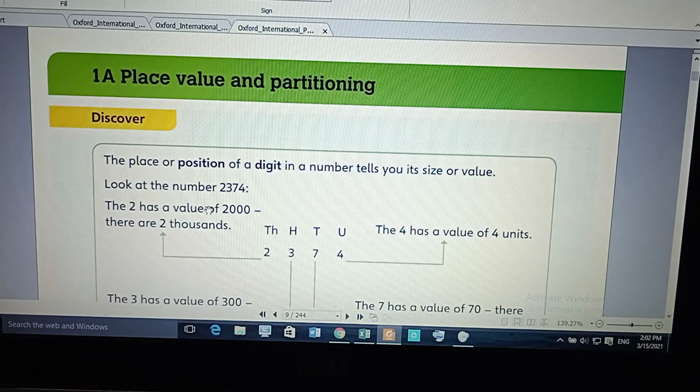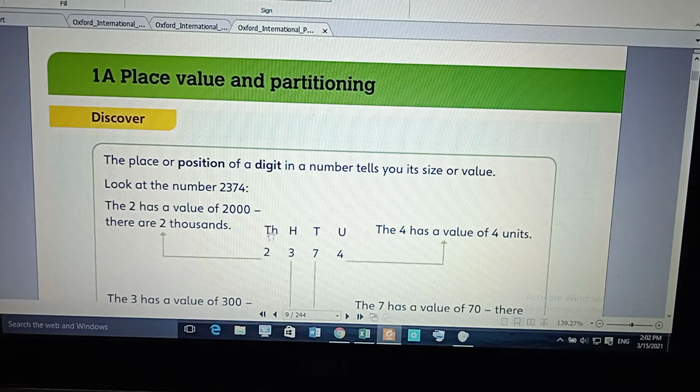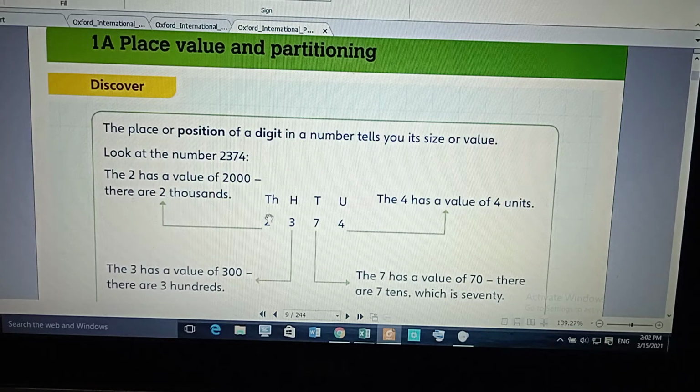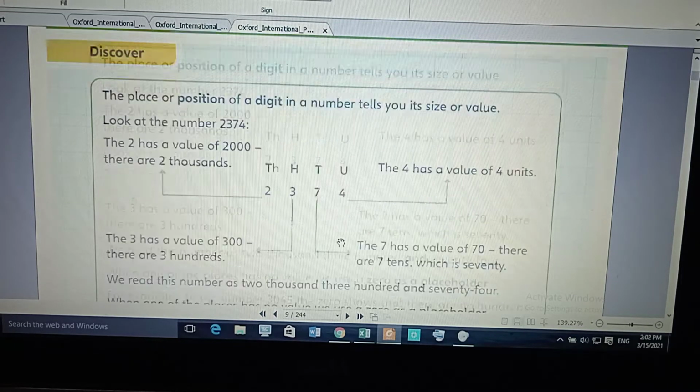Look at the number 2374. The 2 is at the value of 2000, this is 2 in 1000. After that, 3 is at the value of 100, 7 is at the value of tens and 4 is the value of units or ones.